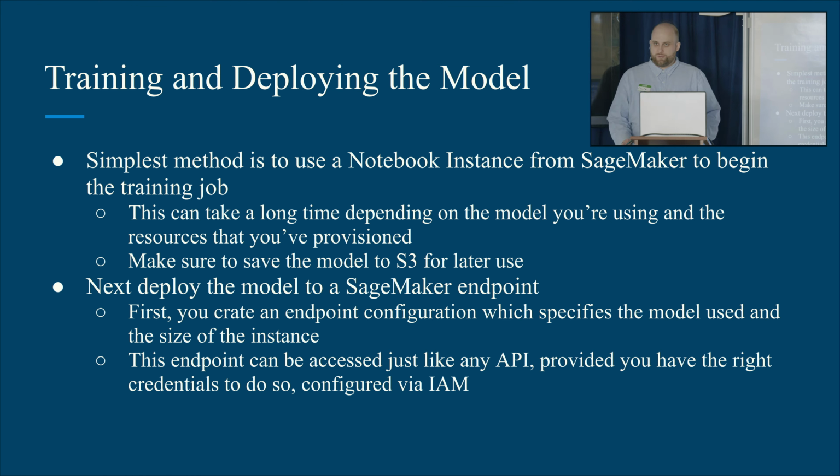Next, you deploy the model to an endpoint. This is similarly pretty straightforward, though you have to go through an extra step of making an endpoint configuration. This is, in the long run, pretty helpful, though, as you can deploy endpoints directly from your endpoint configuration.